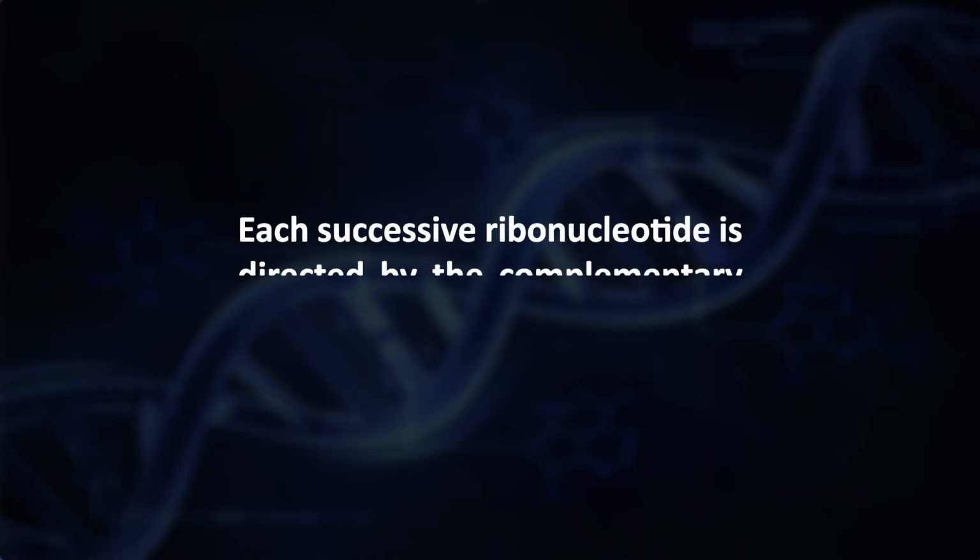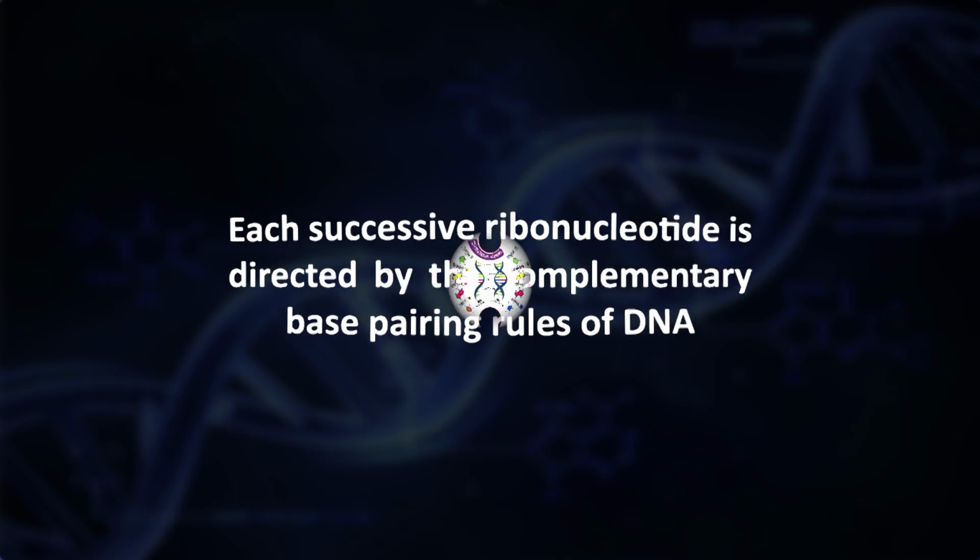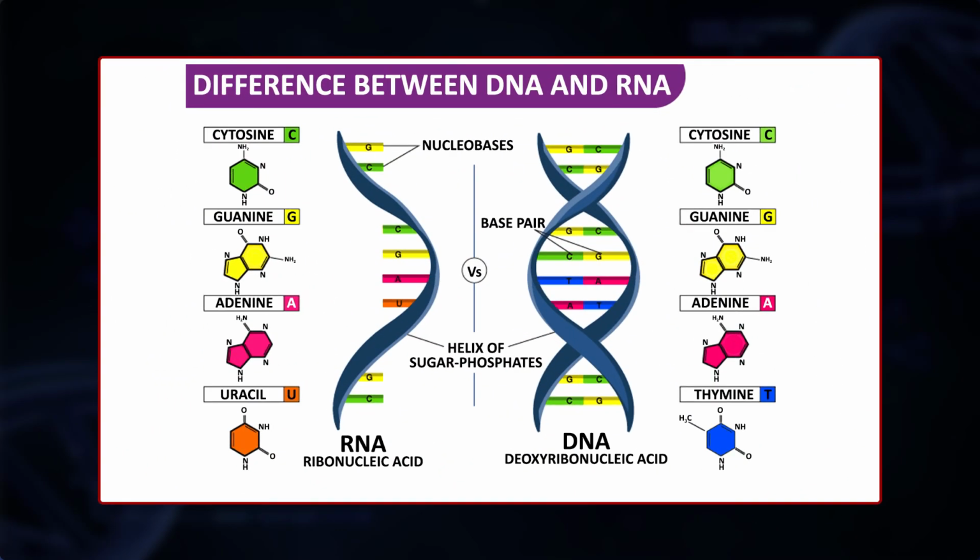Each successive ribonucleotide is directed by the complementary base pairing rules of DNA. For example, a cytosine or C in DNA directs the incorporation of a G, that is guanine, into the RNA. Likewise, a guanine in the DNA is copied into a cytosine in RNA.